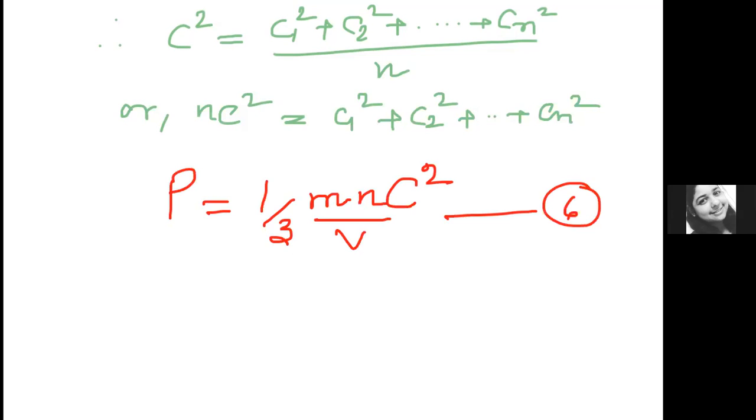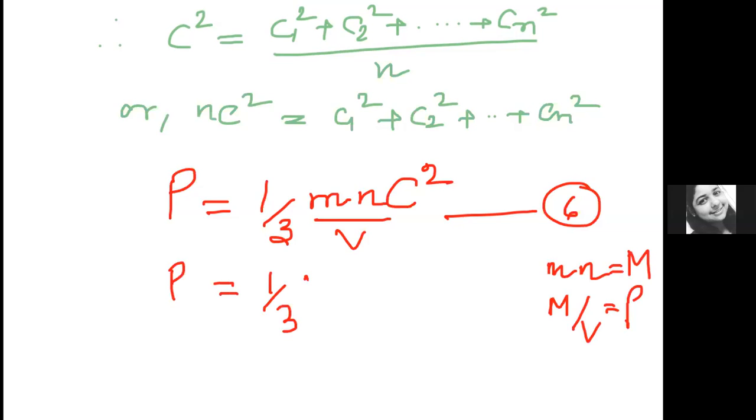Now, the total mass of the gas I can write as capital M. How? If each molecule I've taken has mass m, and the total number of molecules is say N, then m into N gives me the total mass of the gas. So I can write over here M by V, which gives me rho, that is the density of the gas. So I can rewrite this expression as 1/3 rho C square.